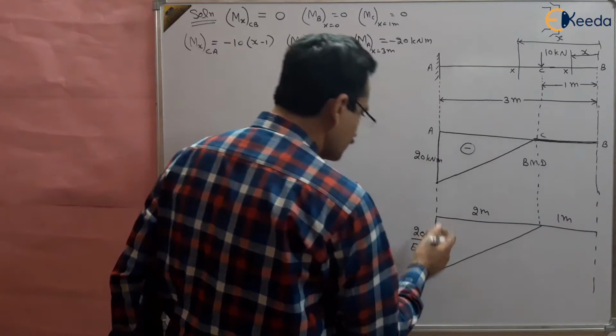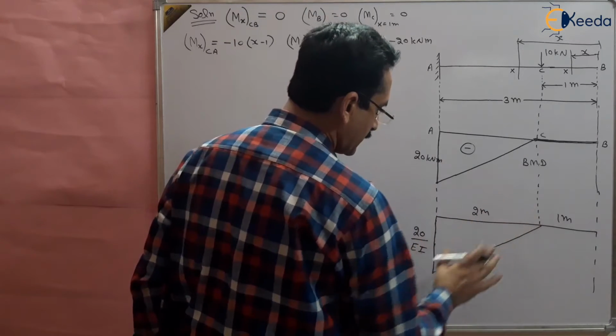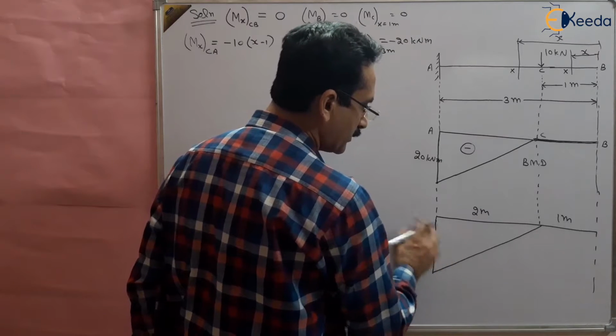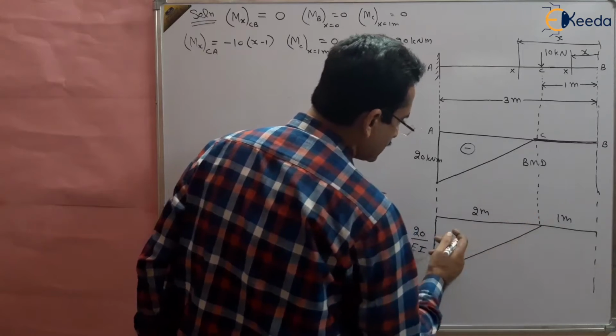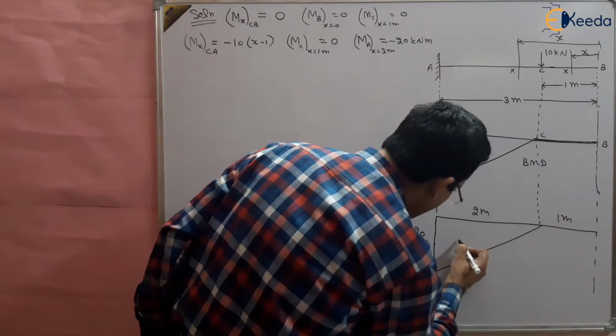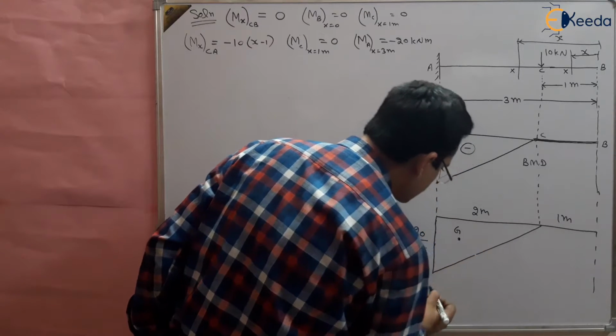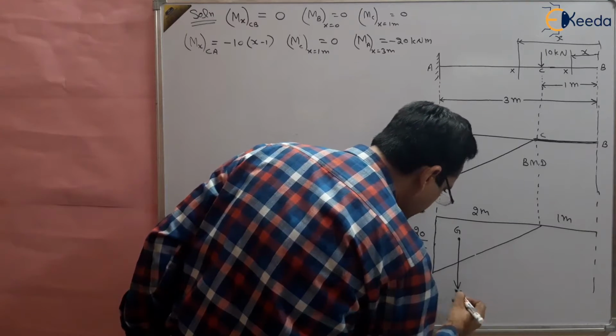I am taking 20 by EI directly, dividing by EI here only, instead of adding it later. Now the total load is the area of this triangle, and it will act at a certain point G. This is the load P.